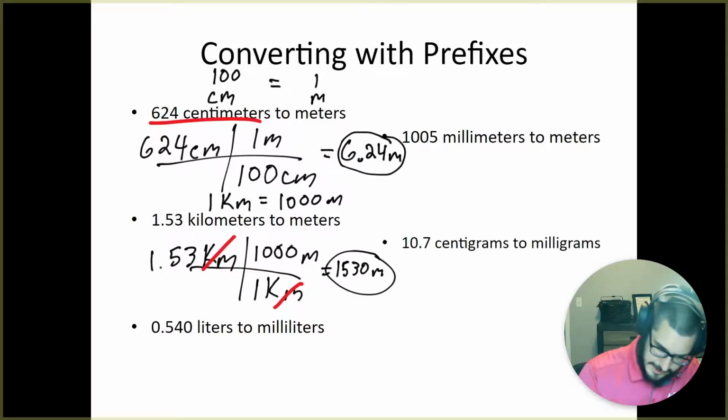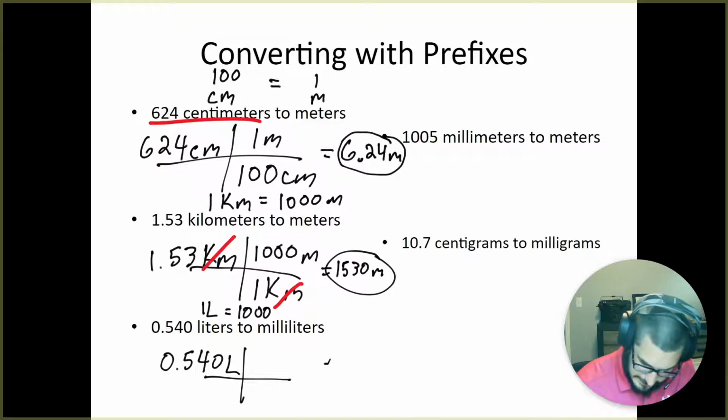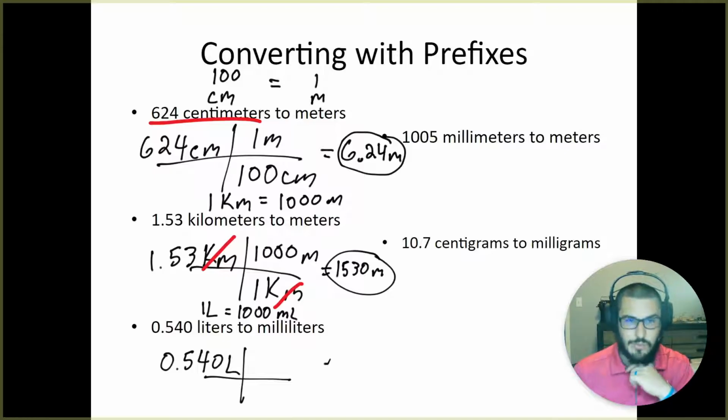Then next, we've got 0.540 liters, and trying to get that to milliliters. I've got 1 liter equals, and milli means 1,000, so I've got 1,000 milliliters in that 1 liter.